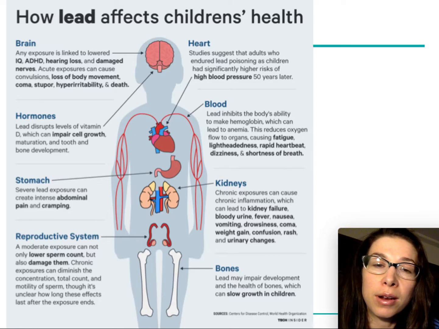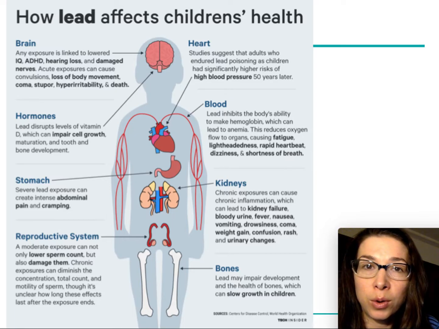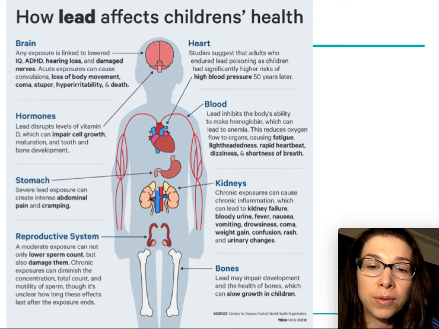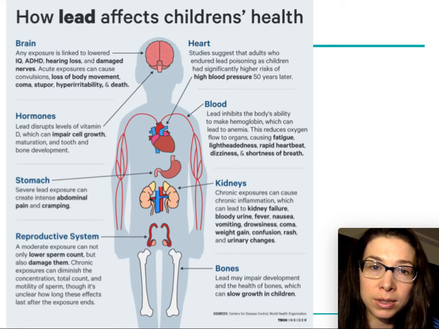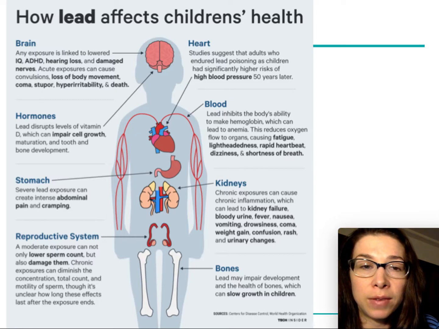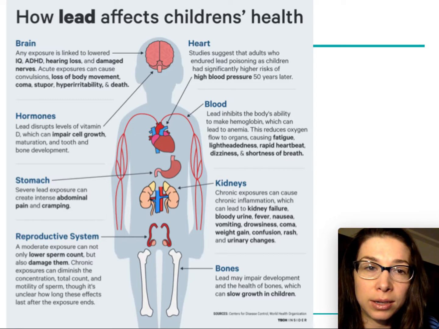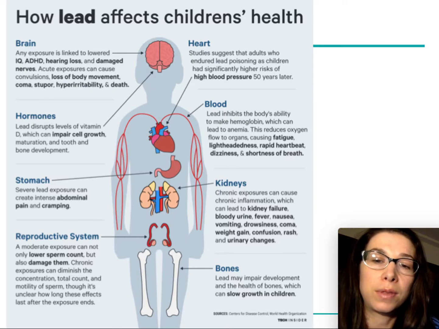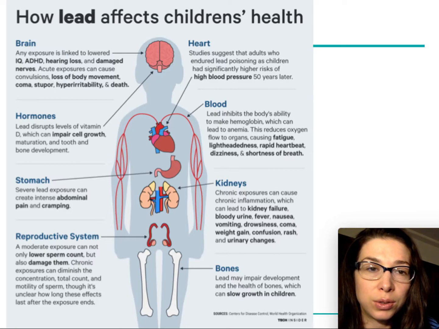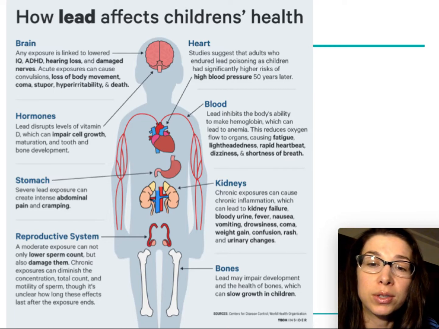But it can also impair the proper development of a lot of other organs, and improper development and lead interfering with the development of these elements can have the outcomes that are described in this slide here. For example, one very strong link of lead exposure in children has been linking that exposure to lower IQ levels.